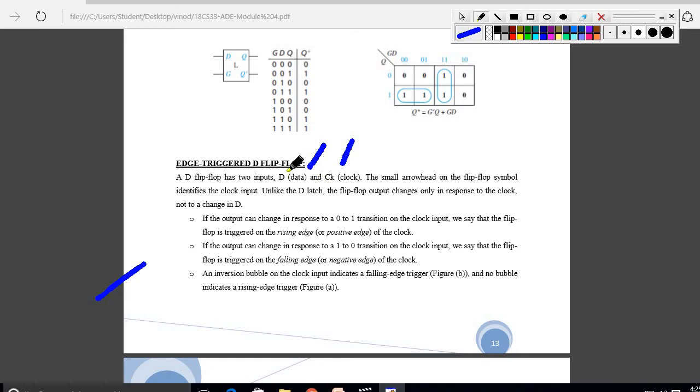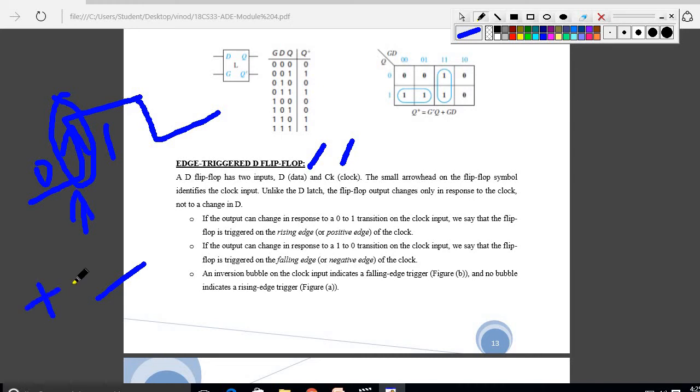Depending on the input, a latch will change, right? But a flip-flop will not change according to the D input, it will change according to the response of the clock. If the output changes in response to a 0 to 1 transition, see here it is 0 and it is 1, I need to call it a rising edge or a positive edge.